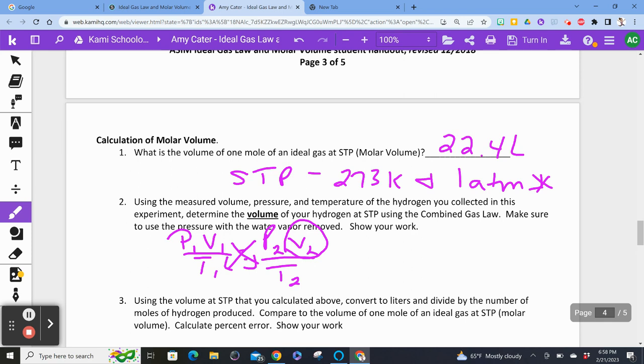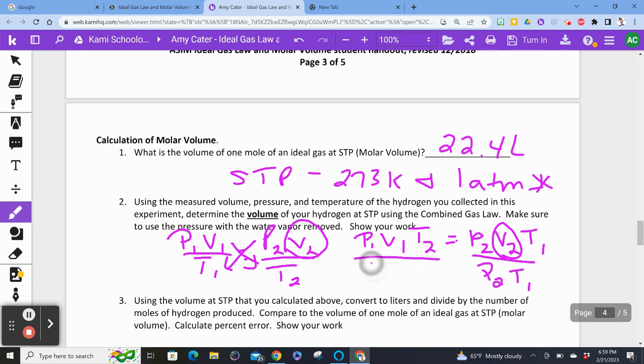So if I cross multiply, that gives me P1 V1 T2 equals P2 V2 T1. And then if we're solving for V2, we're going to divide both sides by P2 T1. Okay, and that's how we're going to get V2 by itself.